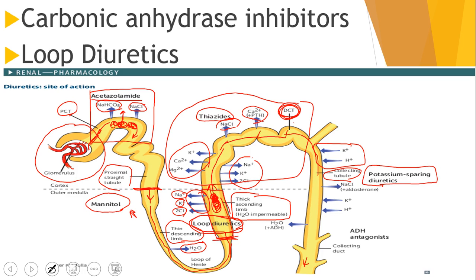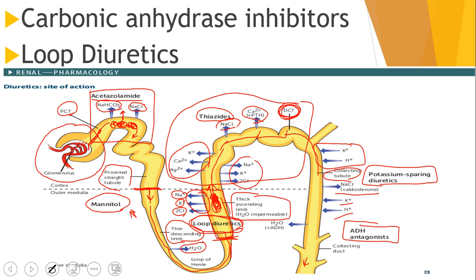In other words, diuretics that don't make you lose too much potassium. So the potassium sparing. Sometimes people can lose too much. And there's where aldosterone takes effect, potassium, hydrogen, and then you've got your antidiuretic hormone antagonists.